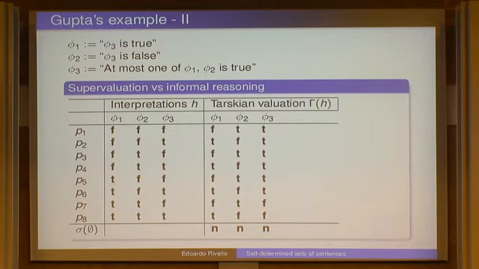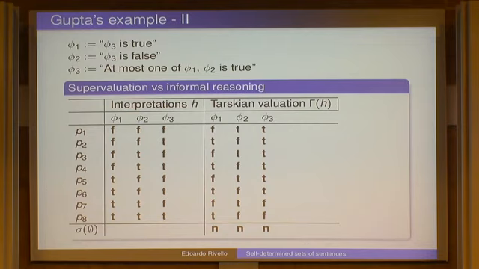Now let's go back to the goal I stated before, and instead of following Gupta's informal argument, we can look closer at this example, which I picture in this table.